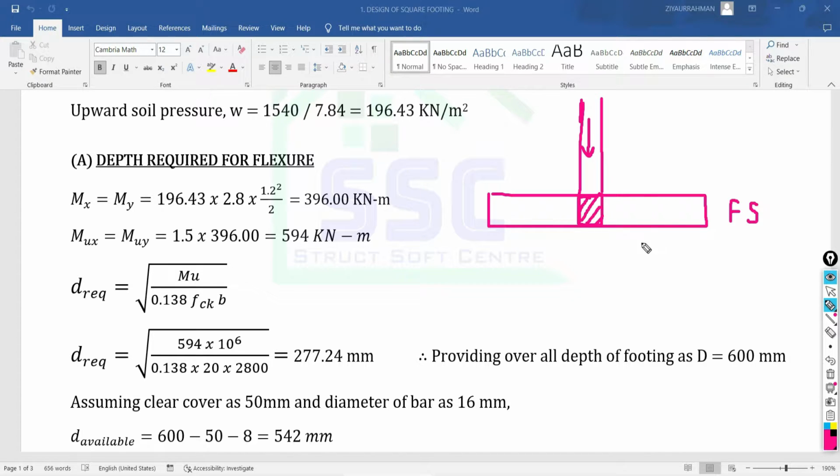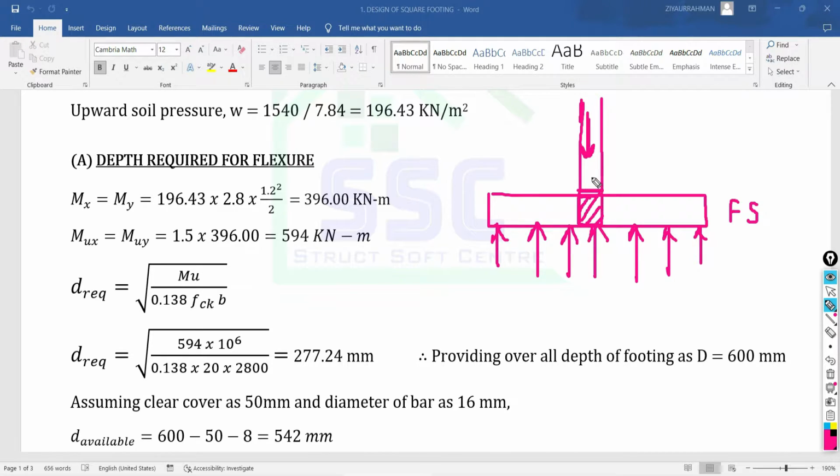You will understand. Under the application of this loading, and you know that there is a subsoil, the subsoil, due to the action of this loading, is giving the reaction. So the reaction is coming here. Due to this reaction, and this is the action, the action is going to be distributed over this width of the column.